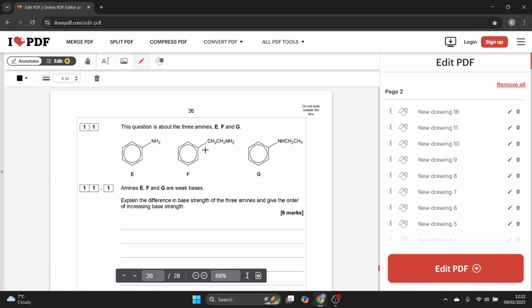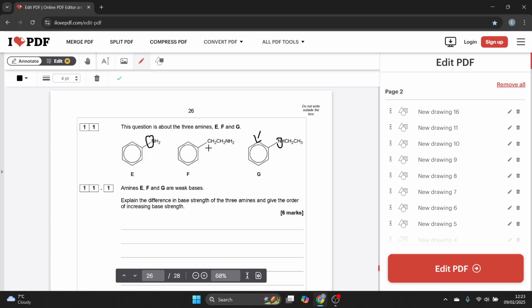Well, it's all about the nitrogen, really. F is definitely going to have the highest because with E and G, the phenyl group, the lone pairs are going to be delocalized into the ring.